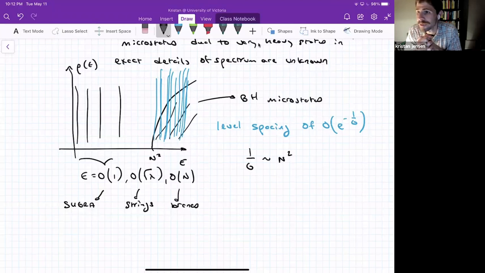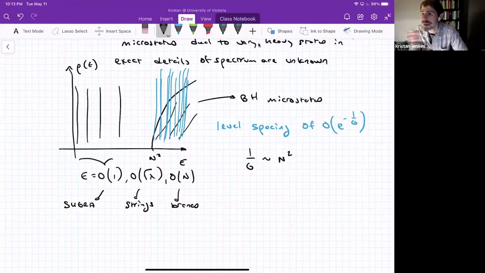Those states with order 1 energies are protected. For those of order lambda, order N energies, there are fewer constraints, but there's still quite a bit of information coming from the maximal supersymmetry. But it's worth noting that in the black hole regime, that's generic, that's really the unprotected part of the spectrum. That's the complicated part.